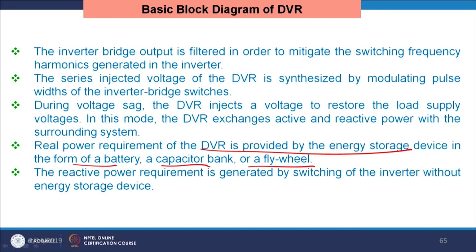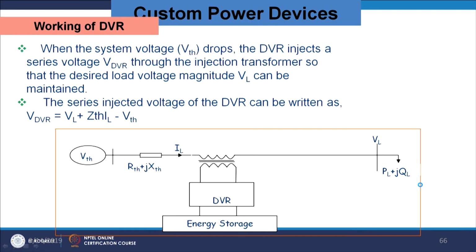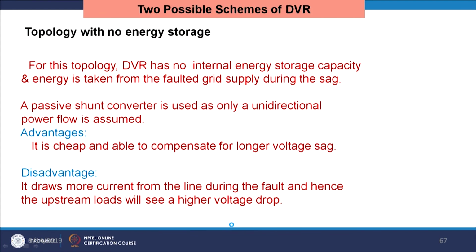The reactive power requirement is generated by the switching of the inverter, and without requiring any storage device, you can generate it with the help of the angle between the voltage and current. Similarly, we can inject this current and write it in Thevenin form. In that way, we can calculate the storage rating of the device.